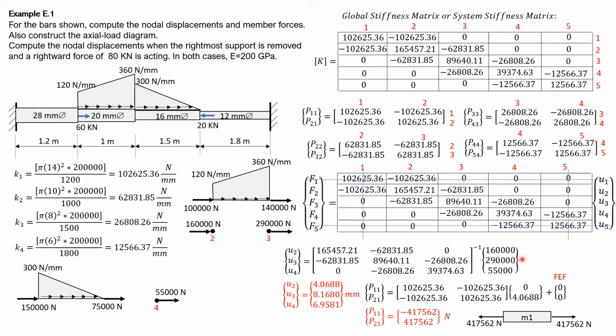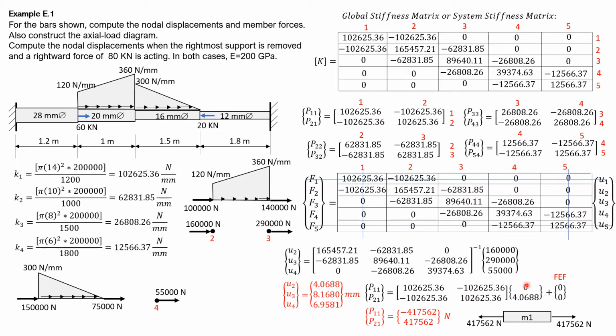So using our calculator, computing for the displacements, U2, U3, U4 would be equal to 4.0688, 8.1680, and 6.9581 mm. After that, we solve for the global forces. So we copy this, P11, P21, and the individual stiffness matrix of that element.